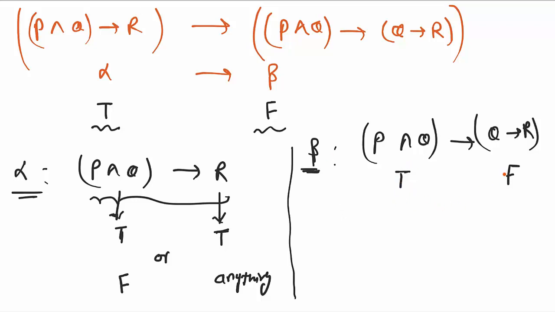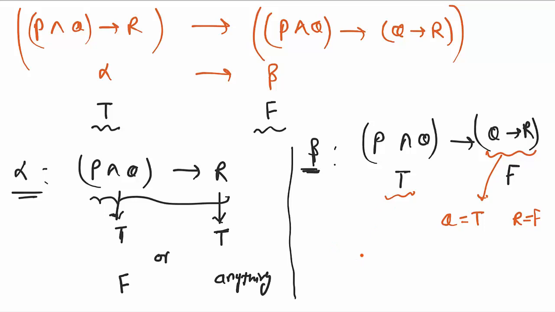To make beta false, we need to make this false. How can I make this false? There is only again one possibility. We need to make Q true and R false, right? And at the same time we need to make this LHS true. So how can I make it true?